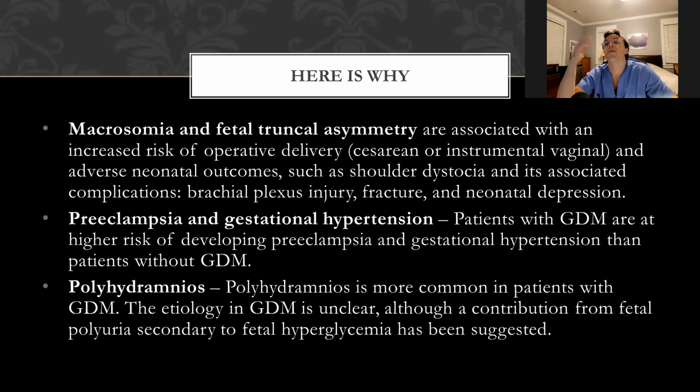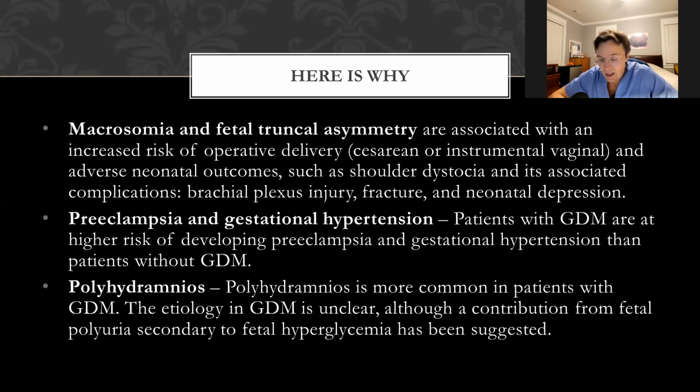Well, you can have brachial plexus injuries, and can have permanent damage, paralysis of sorts. You can have a fracture in the baby's upper extremity, like clavicular fractures, things like that. Even neonatal depression, baby's trying to come out and then it's stuck. You just give up.